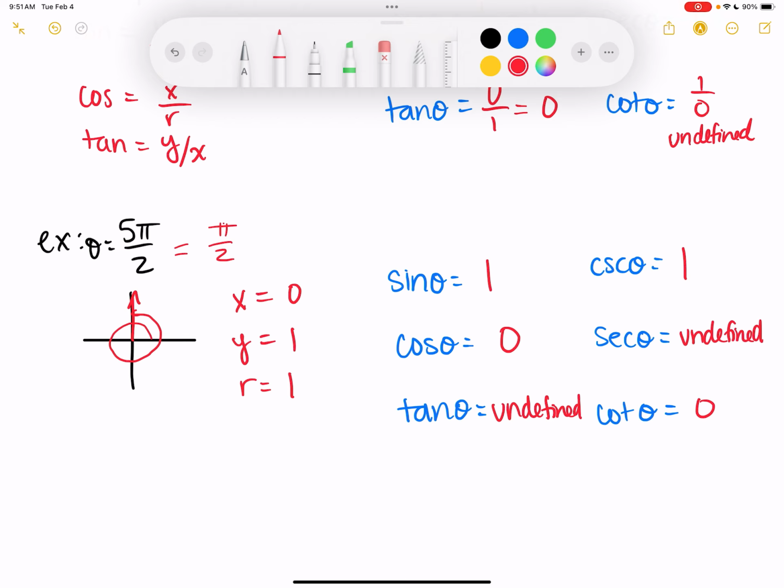Oh, because it says it here. Yes. So if it was 4 pi over 2, x and y would be 1 and 0. 4 pi over 2 would just be 2 pi, so x would be 1 and y would be 0, yes. Oh, the unit circle works. I did teach it for a reason.